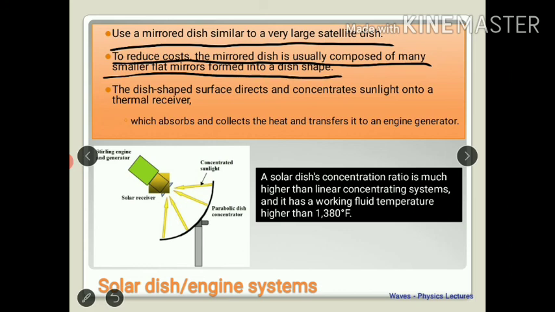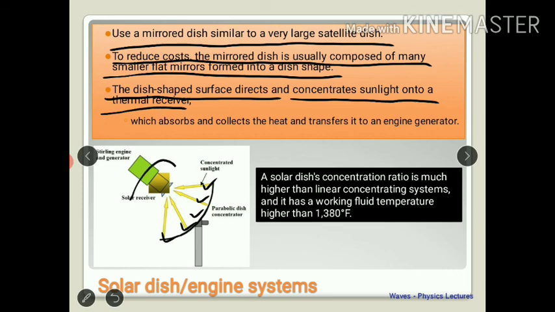So we have a lot of mirrors joined together to form a dish shape. This dish-shaped surface directs and concentrates sunlight onto a thermal receiver, which is connected to something called the Stirling engine and generator. The Stirling engine and generator is connected with a turbine that generates the power.